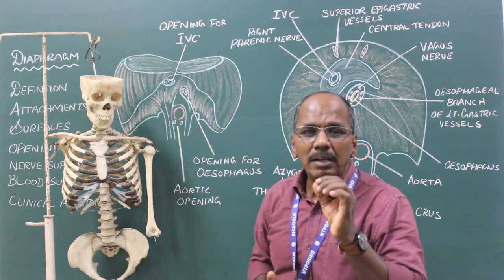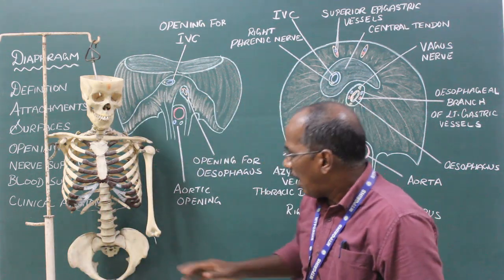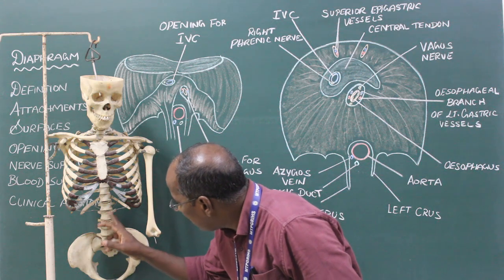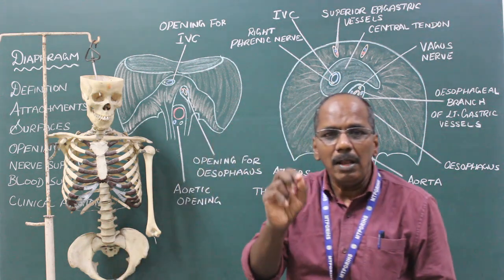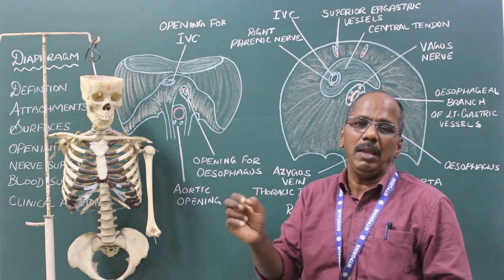The right and left crus are attached to the anterior surface of L1, L2 and L3 vertebrae.